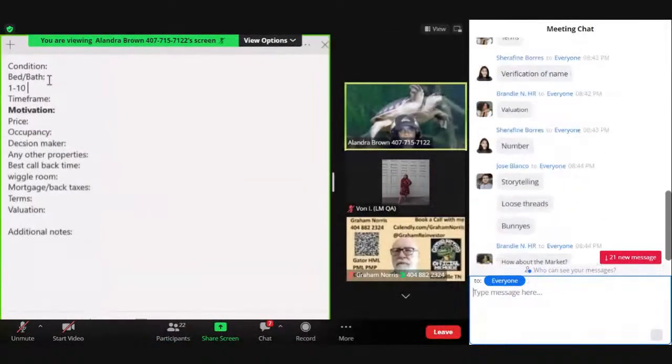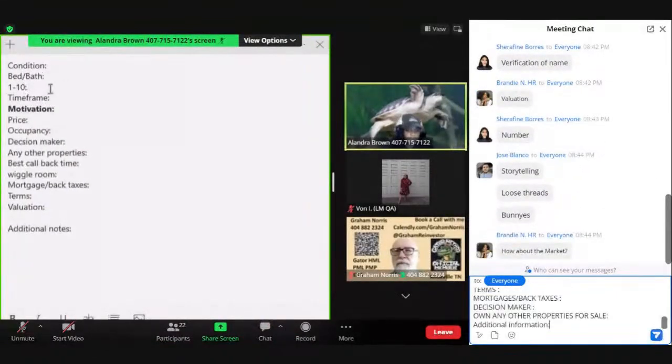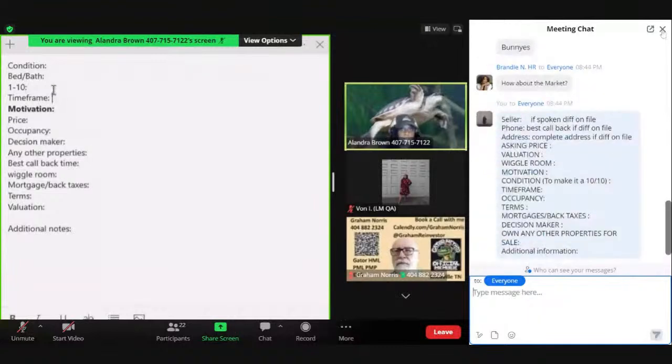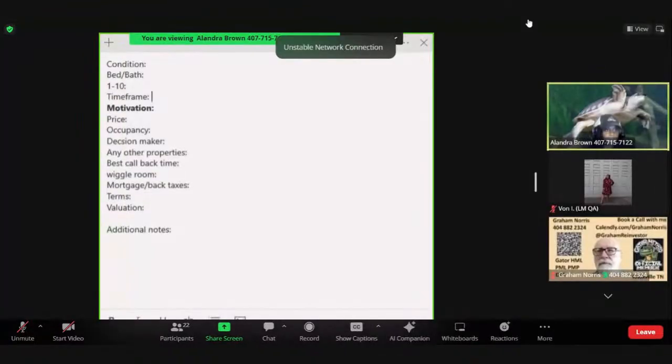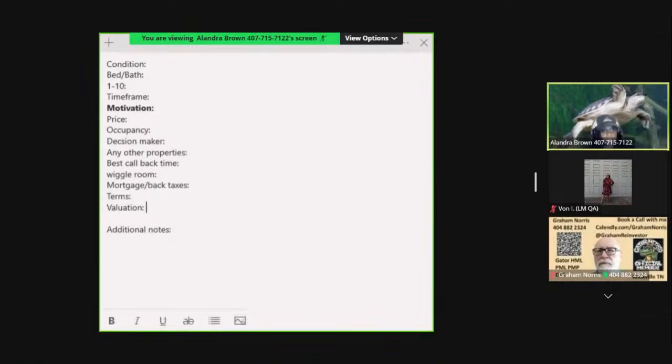Bath count, did they ask on a scale of 1 to 10, right? So, boom, boom, boom, boom. Perfect. Oh, the seller name is spoken to the phone. Call back. Address complete. Okay, yeah, complete address, but usually you'll know, and you know who you're speaking with, confirming who you're talking to. But these are the main ones.